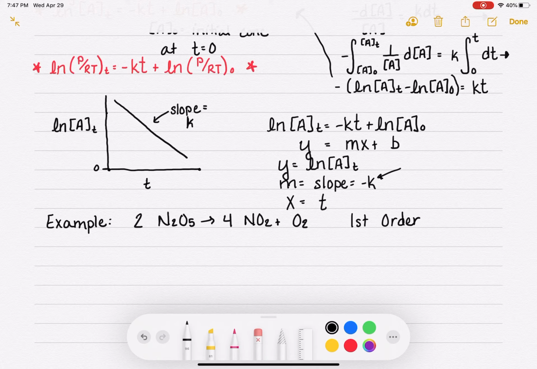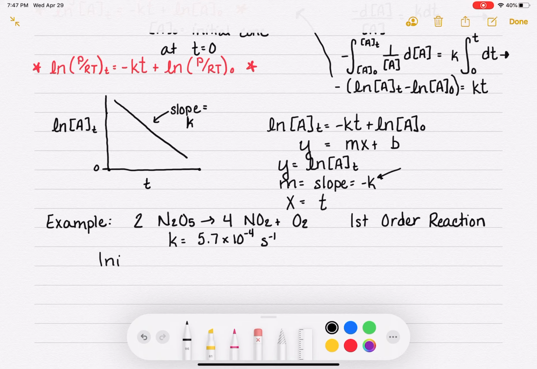In order to use the integrated rate law, you have to know if it's first order or second order or zero order. And for this reaction, we also know that the rate constant, little k, is 5.7 times 10 to the minus 4, and the units are 1 over second, or second to the minus 1.